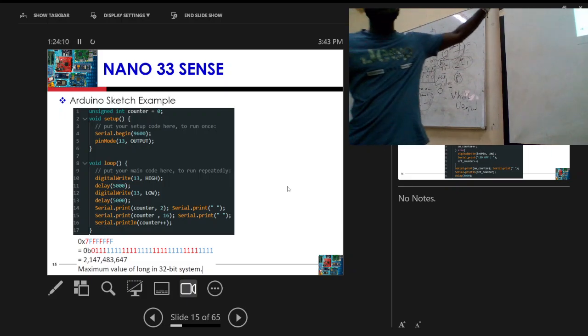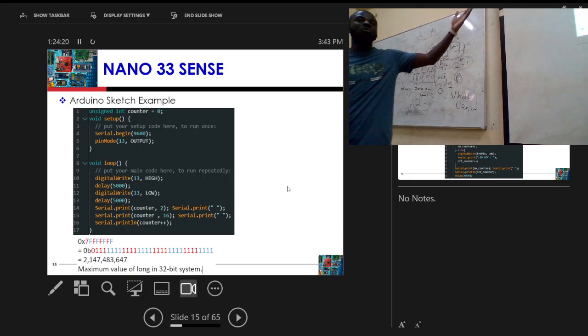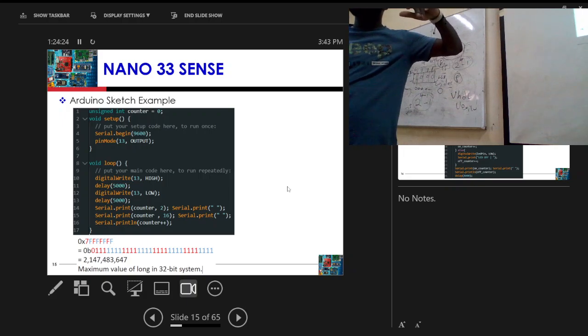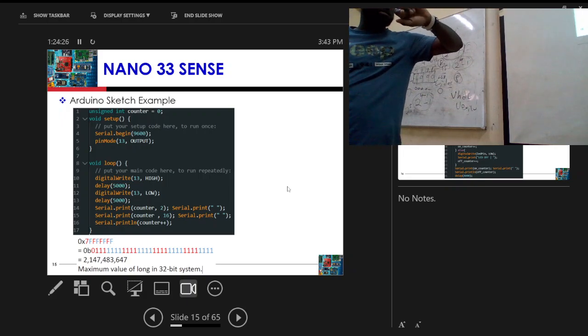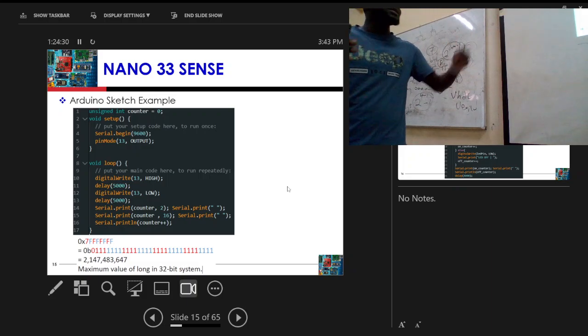But as I said, software is closer to human language. So you can even look at the names and know what it's about without even knowing what it's about, right? So the pinMode means what? The pinMode 13 output means what? So pinMode again is a function.